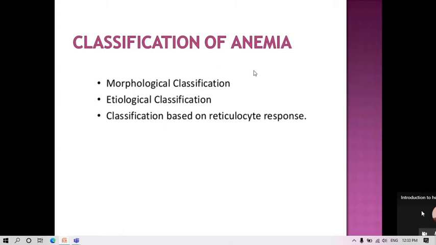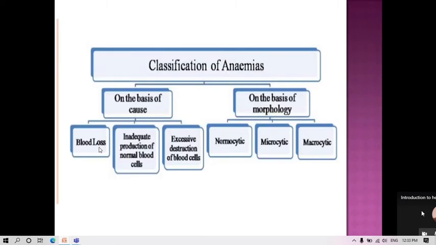On the basis of cause or etiology, there can be sudden loss of blood, acute blood loss, or chronic blood loss which leads to anemia. Or if blood cells are not synthesized normally, the production rate has decreased, that will also lead to anemia.